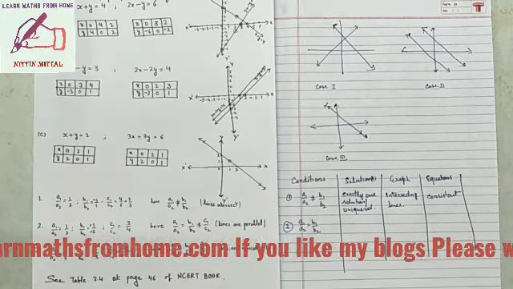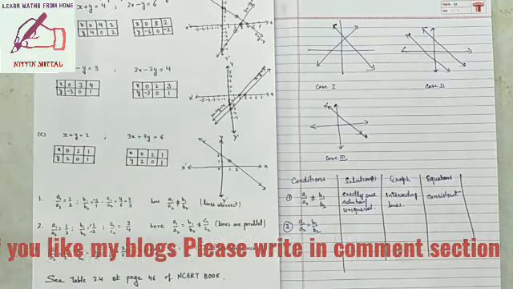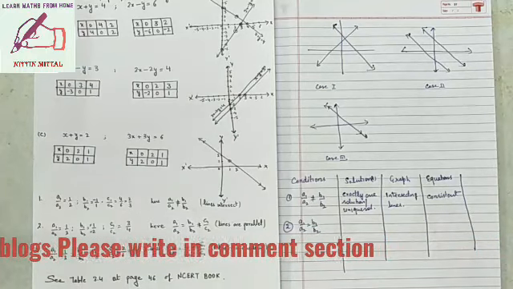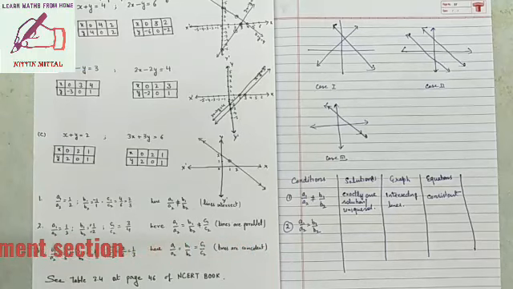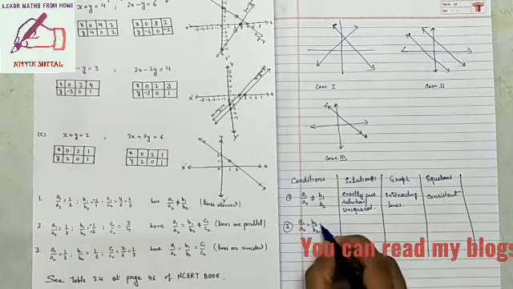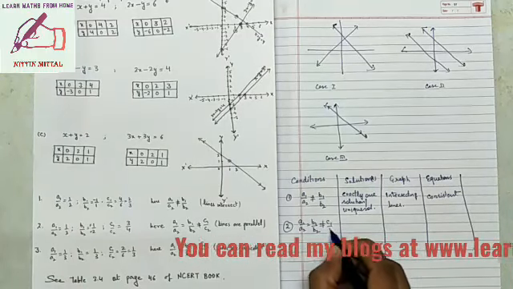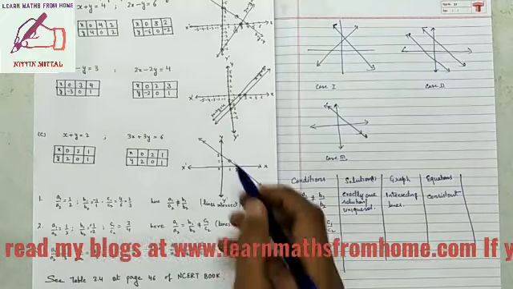And the third case, if a1 over a2 and b1 over b2 are equal, in that case we have to see whether c1 over c2 is also equal to this or not. So there are two possibilities, not equal or equal. I am taking not equal first. In this situation, as we have done, lines will be parallel, no solution.